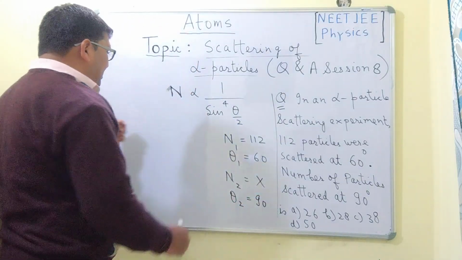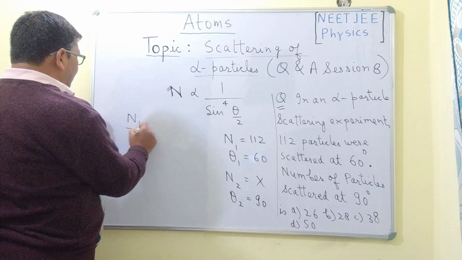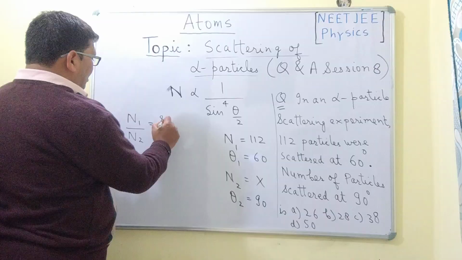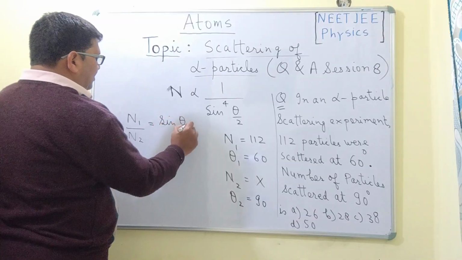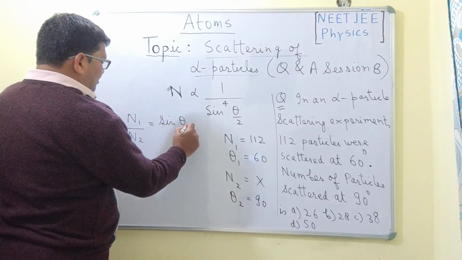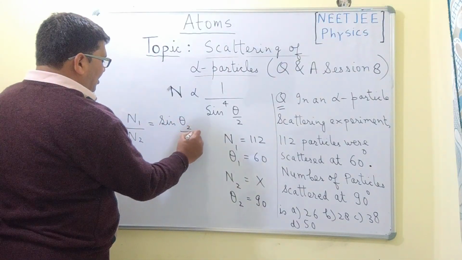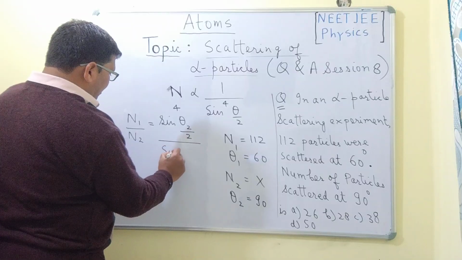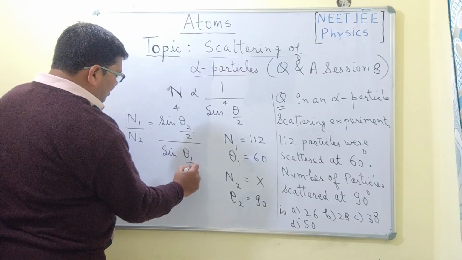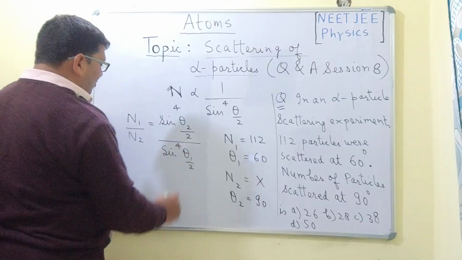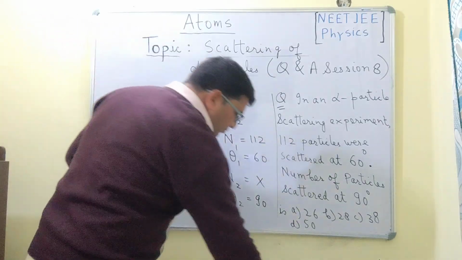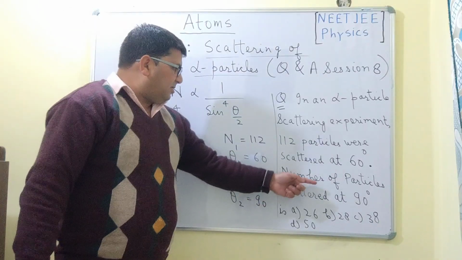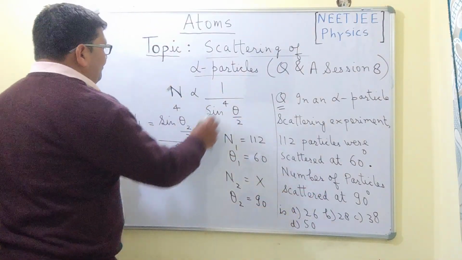So if I use this relation, then n1 upon n2 will be equal to sine theta 2 by 2 to the power 4 divided by sine theta 1 by 2 to the power 4. By using this relation, we will be able to find the value of n2, that is the number of scattered alpha particles at 90 degrees.